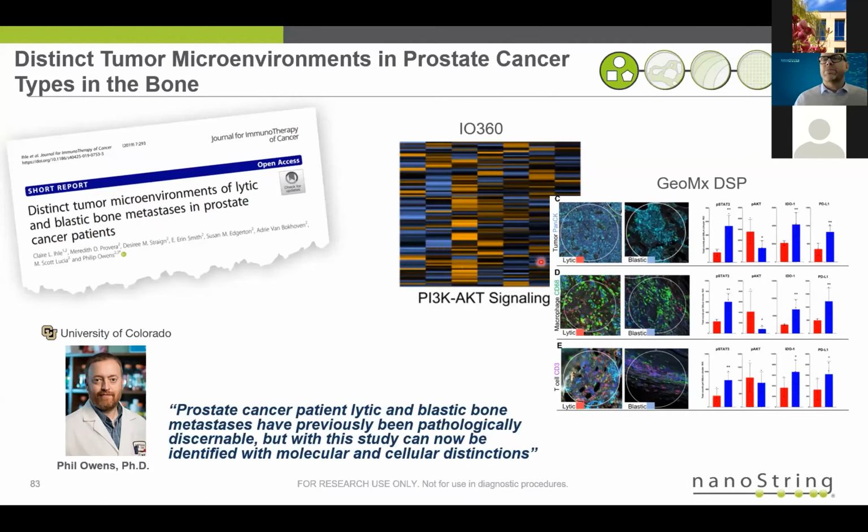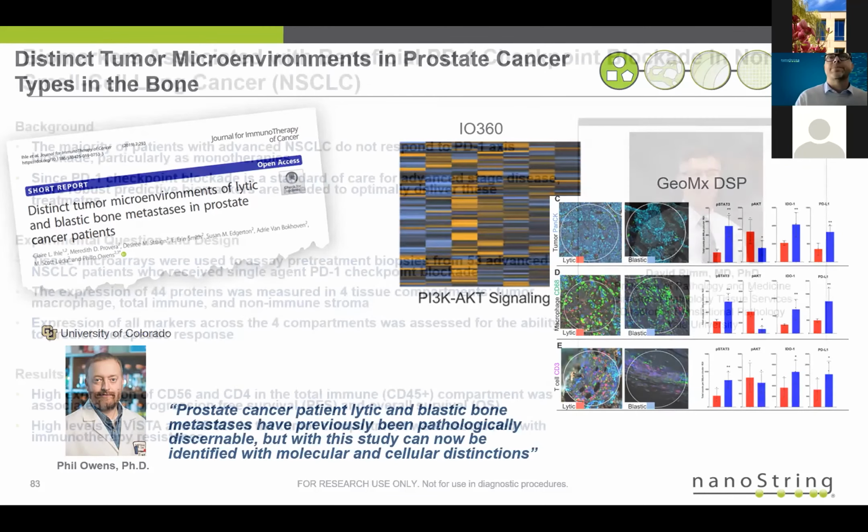They used our nCounter bulk gene expression system and some of our protein panels as well, but our technology is robust enough to work with decalcification, and they drew their ROIs on these really difficult sample matrices. I'm just trying to drive home examples of different sample types that we can work with.